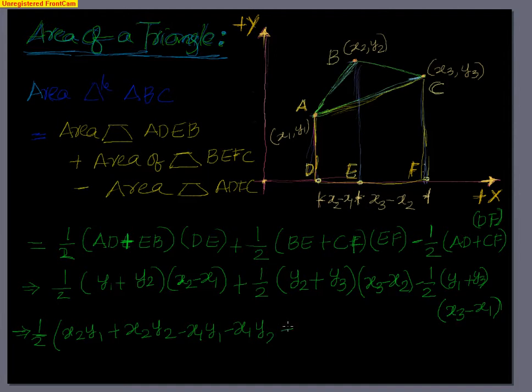Plus y2 into x3. Let me just put it here so that this is clear. This belongs to this line. Now what is this? y2 into x3 we will write as x3 into y2, plus x3 into y3.